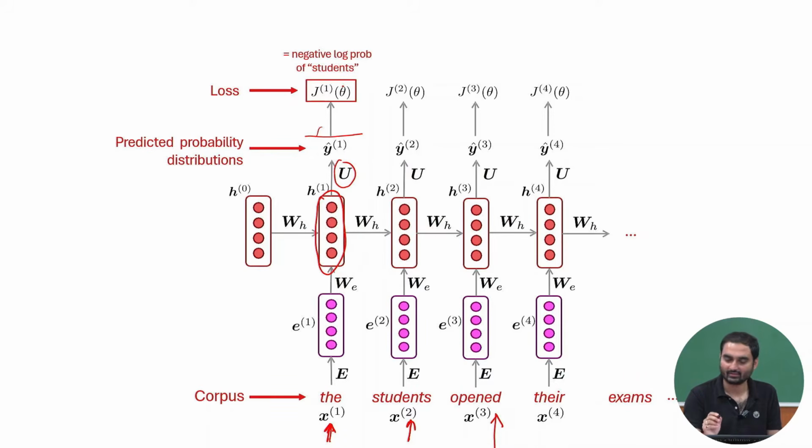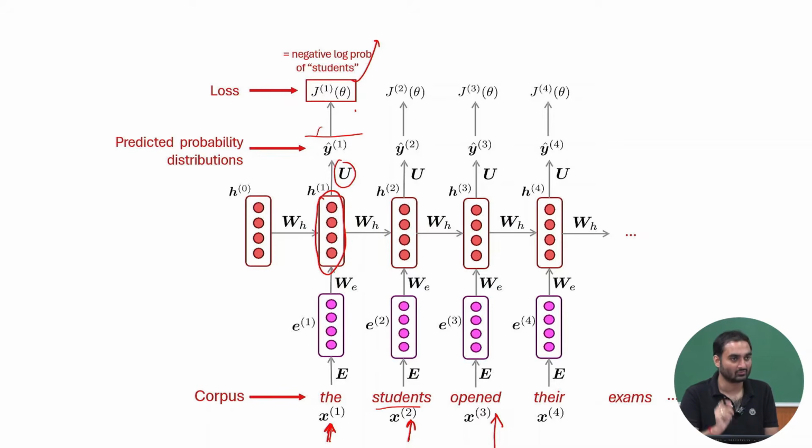Let's say the sampled output is teachers. What do you mean by that? You basically retrieve the word teachers because its probability was quite high. And I also know the one-hot encoding of the word teachers, and the one-hot encoding of the word students.